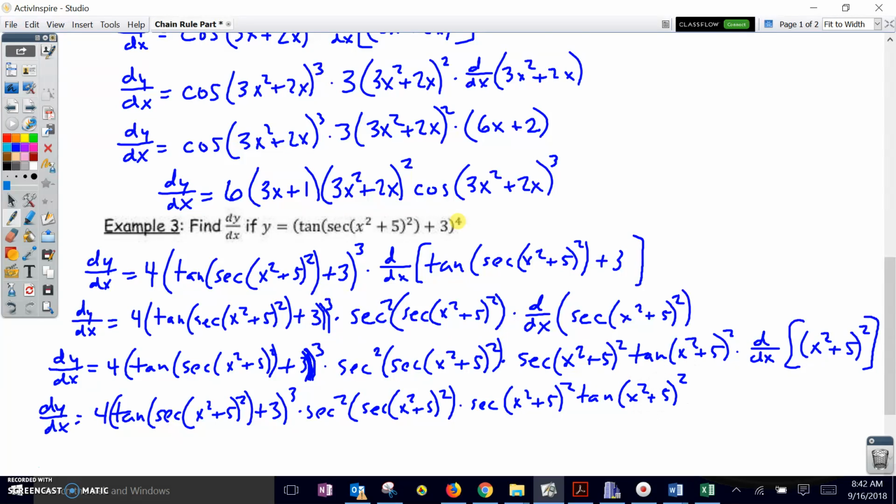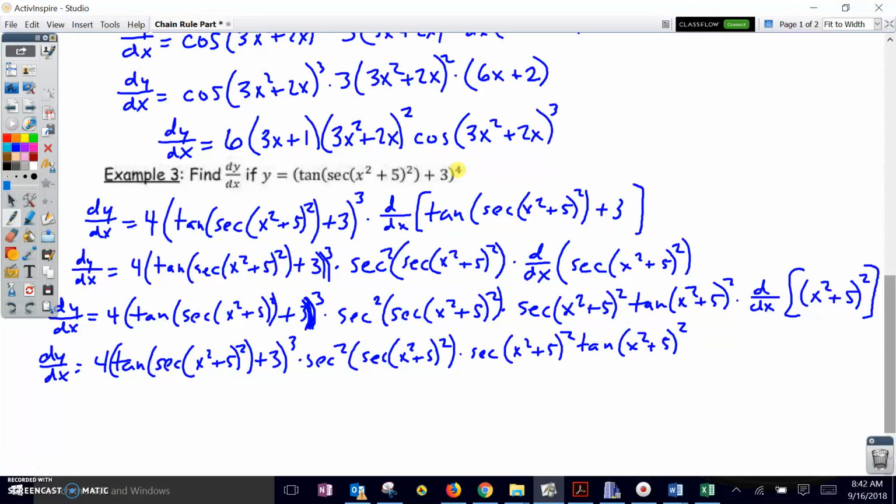And now we need to take the derivative of the quantity x squared plus 5 to the second, derivative of the outside, leaving the inside the same, times the derivative of the inside, which is just 2x. So I'm going to take care of that right there.